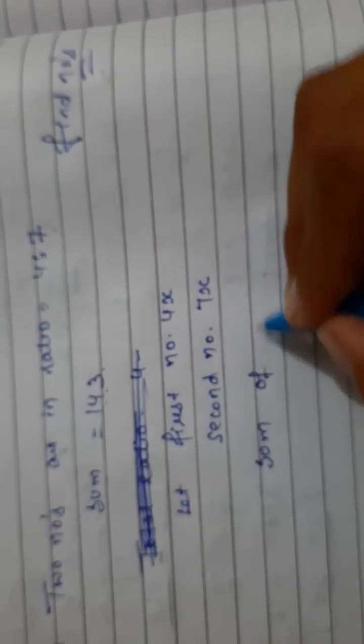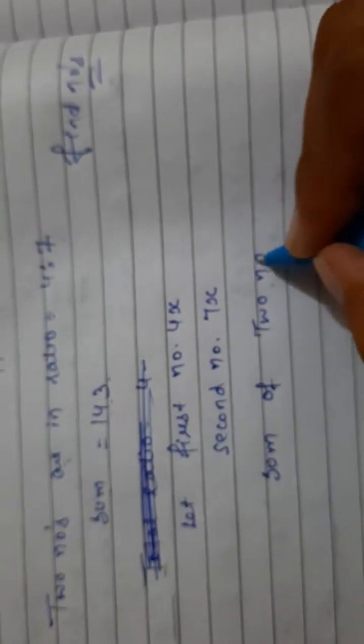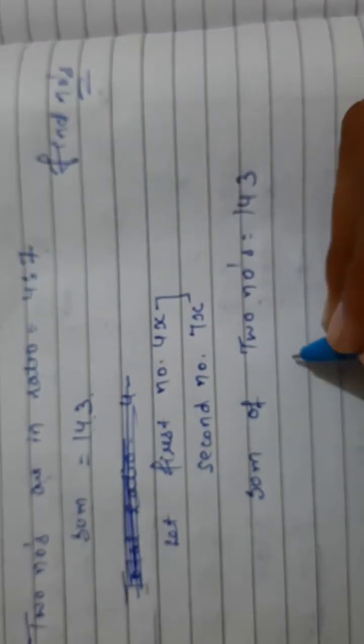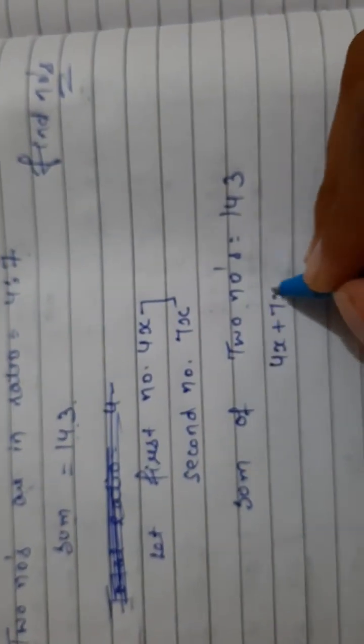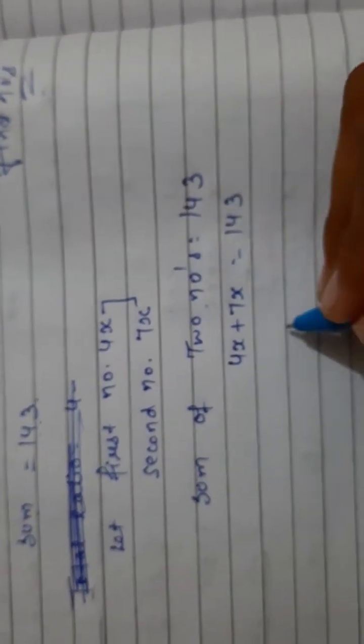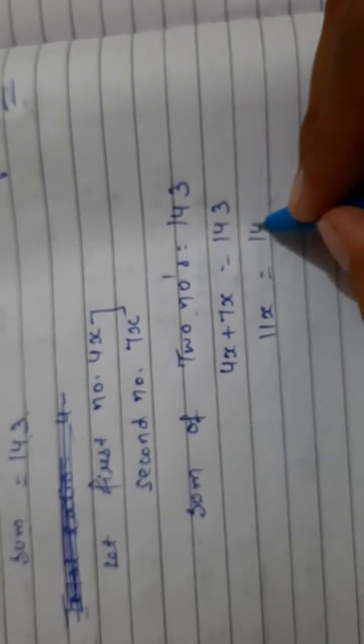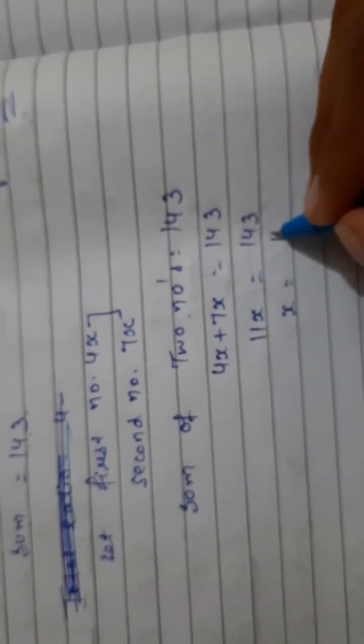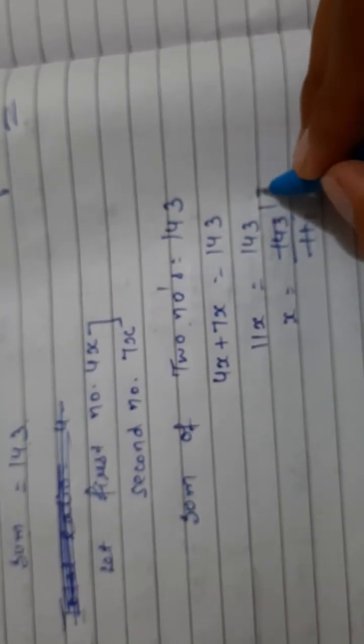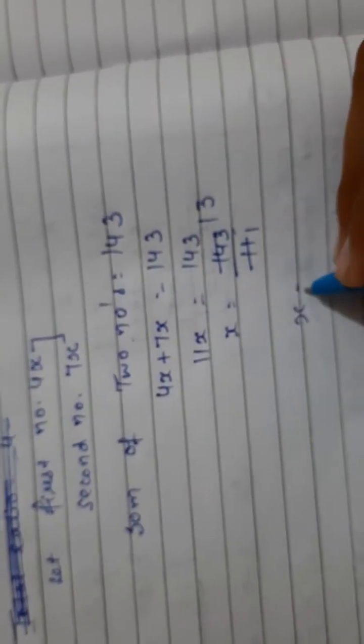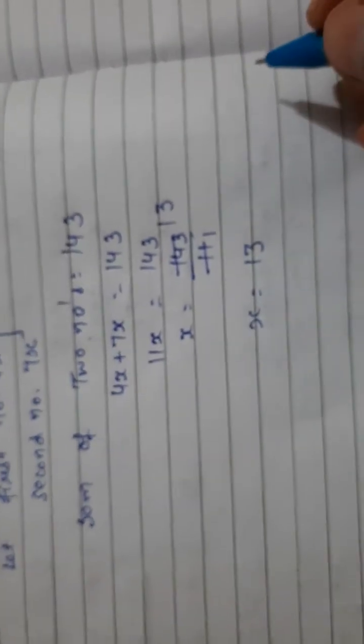Sum of two numbers, what is given? 143, but according to us these two are the numbers, so 4x plus 7x is equal to 143. 11x is equal to 143, so x is equal to 143 by 11. 11 ones are 11, 11 threes are 33, so x is equal to 13.